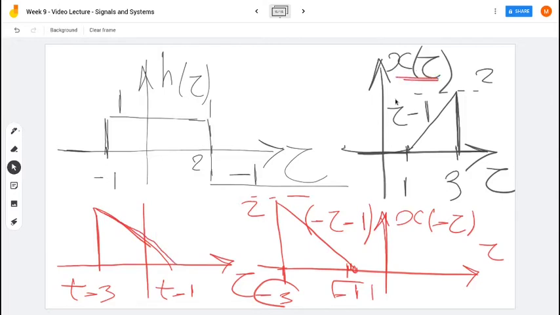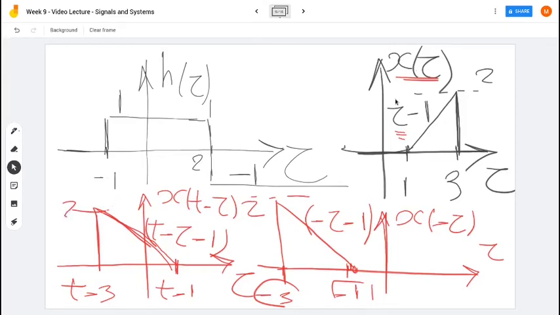So x of t minus tau would be replacing every tau by t minus tau. So I will replace this tau by t minus tau. So it's t minus tau minus 1. This is the equation for the straight line. Substitute with tau equal to t minus 1, you will get a 0. Substitute with tau equal to t minus 3, and you will get 2.